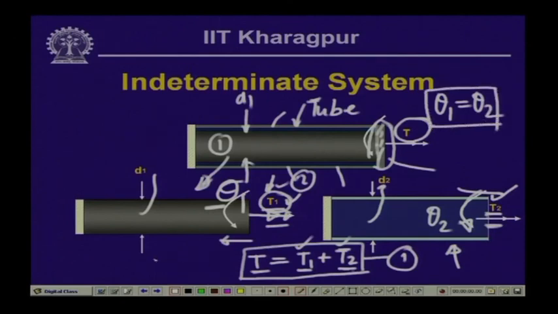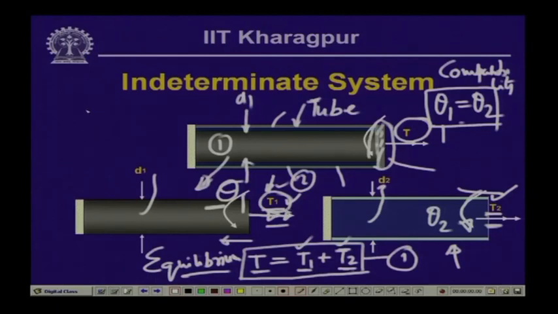So, this is our equilibrium equation, where T is equal to T1 plus T2, and this is our compatibility, where theta 1 is equal to theta 2.